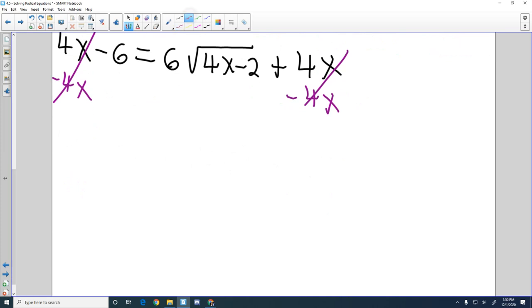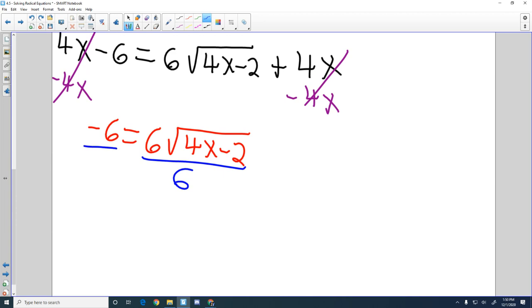So what are we left with? A negative 6 equals 6 times the square root of 4x minus 2. We're just slowly peeling things away from that right side until the square root is all by itself. One last thing. What's left on the right side that we need to cancel out? Yeah, how do I get rid of it? Let's just divide.